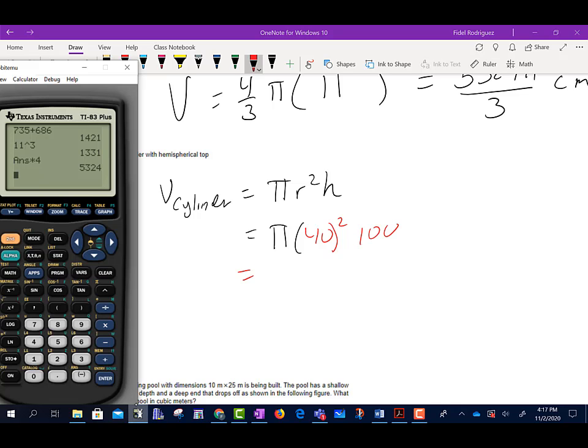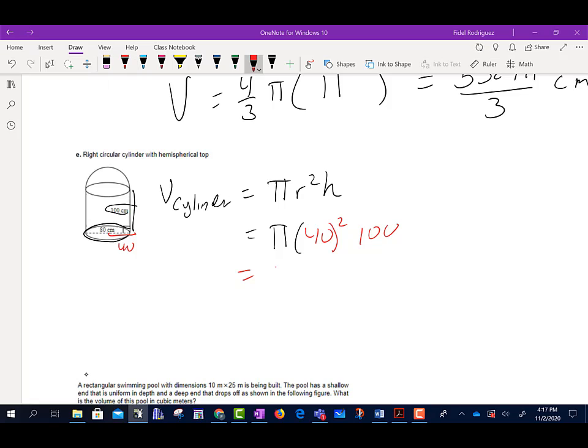So let me take my calculator. What is 40 squared? 1600 times another 100 for my height. 160,000. So 160,000 with a pi. Now we need to find the volume of the hemisphere.